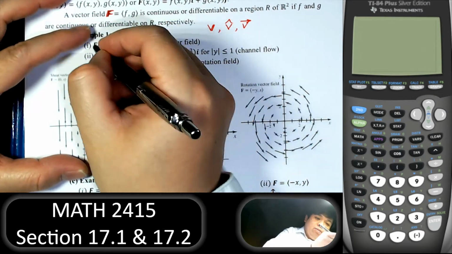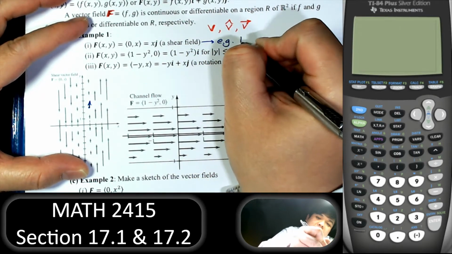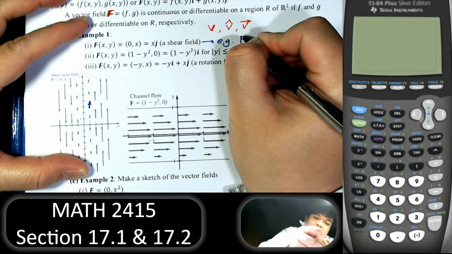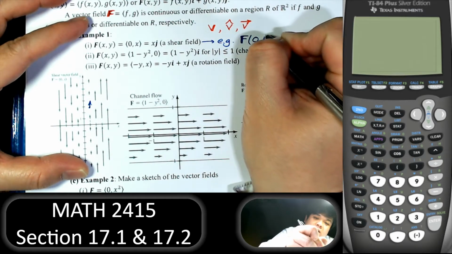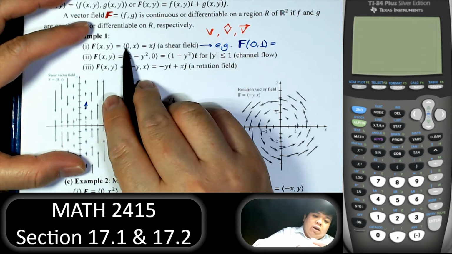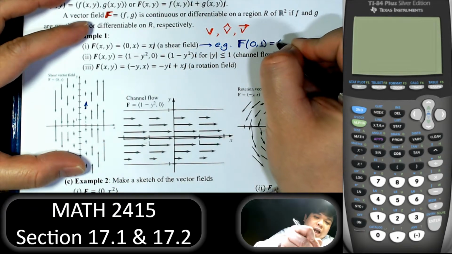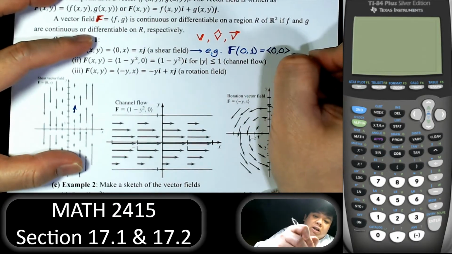So for example, let's look at the first example. Let's say we have the vector field at 0 and 1. In that case, the corresponding vector is 0 and x, so we have 0 and 0. So that is not a vector, just a point.